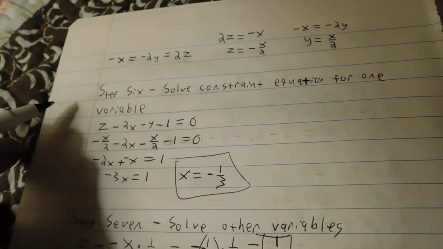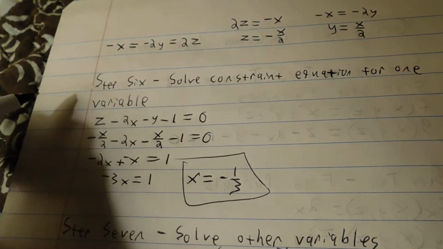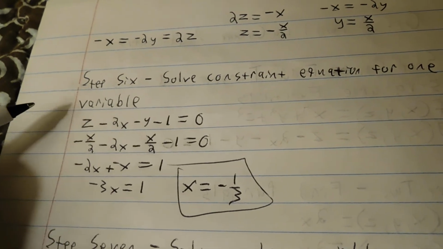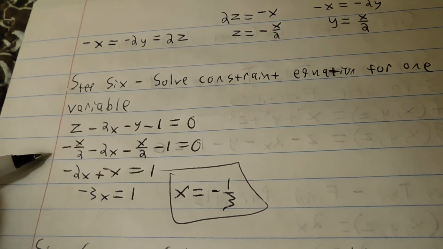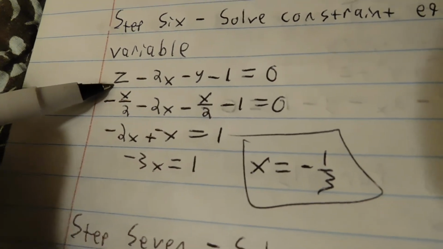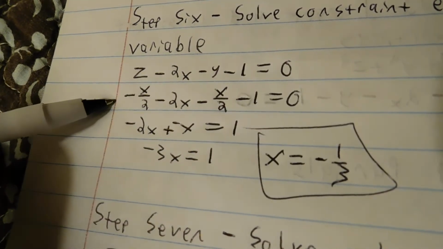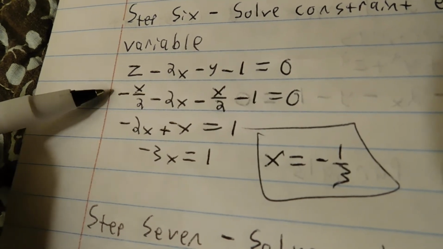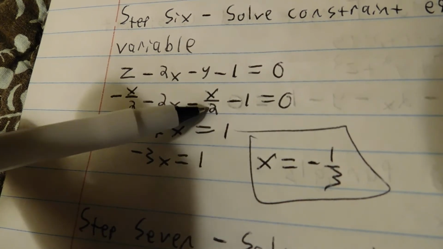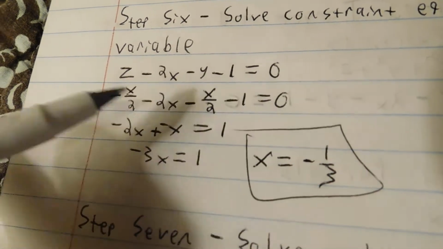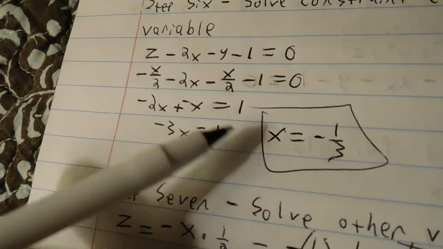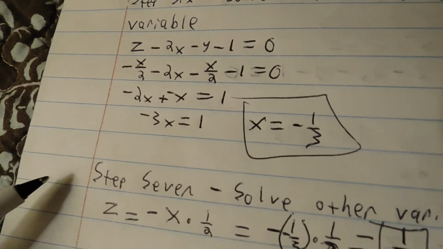In the next step, you're going to solve your constraint equation for one variable. In other words, you're going to plug in the values that you found that z and y are equal to in terms of x. So you've got negative x over 2 minus 2x minus x over 2 minus 1 equals 0, and x once again will simplify to negative 1/3.